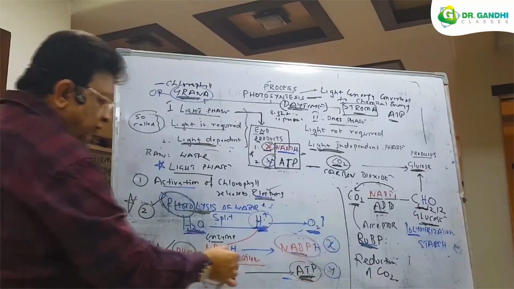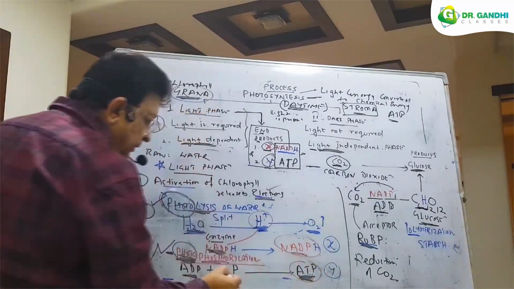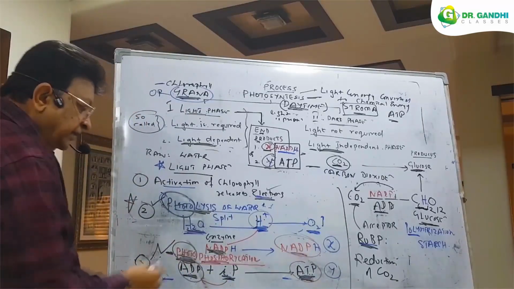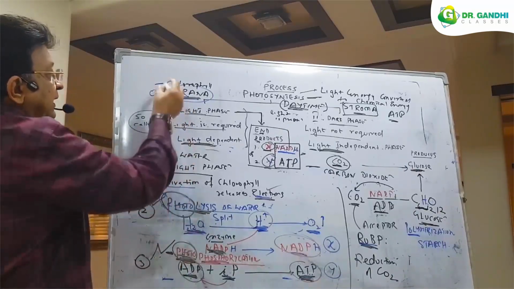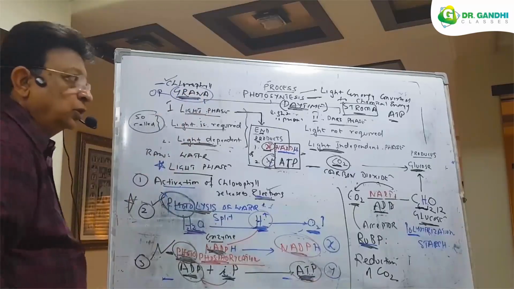Explain the term photophosphorylation. It is the formation of ATP by combining inorganic phosphate to ADP in the presence of light using energy of light in the presence of chlorophyll or in the grana of chloroplast.